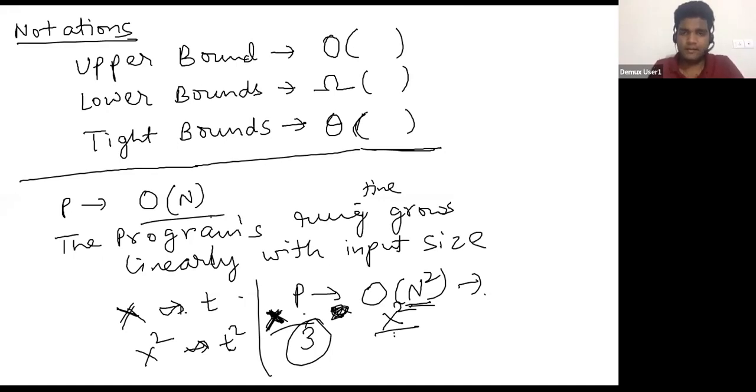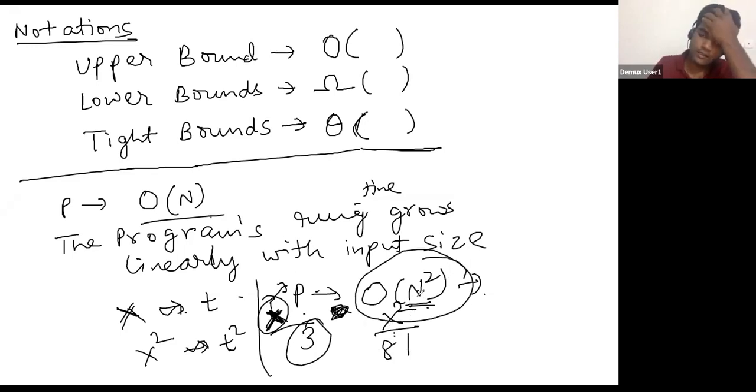Right? I said that on input x, it takes 3 seconds. So when you have squared the input, the time that the program takes will become power 4. Do you follow this? Because this is order n square. So that basically means that the running time is quadratic with respect to the size of the input.